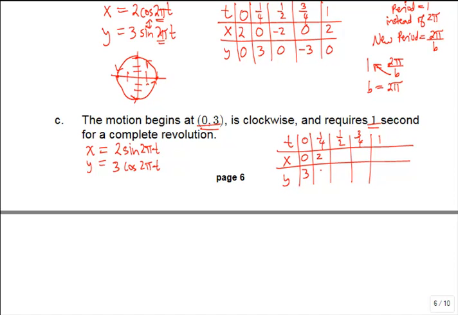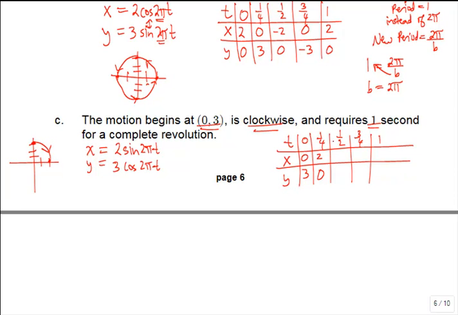Cosine of pi over 2 is 0. So on my graph, we started at 0, 3, which was up here, and now when t was a fourth, we moved to 2, 0, which is here. So we moved in this direction, which is clockwise. So that restriction is also correct. So we've got everything going for us so far.